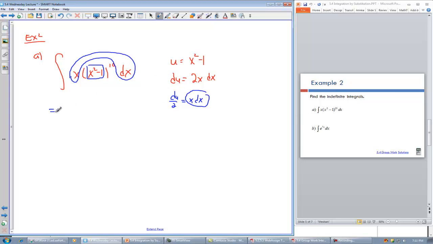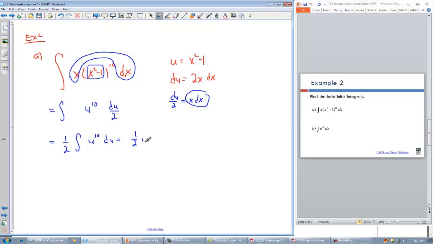So this is equal to, I have u to the 10th, so x squared minus 1 is my u to the 10th, and x dx is du divided by 2. Then I can do a little algebra and move the 1/2 outside the integral sign. It's probably the easiest way to do it. So that's 1/2 the integral of u to the 10th du, and that's just a power of u, so I add 1 to it and I divide.